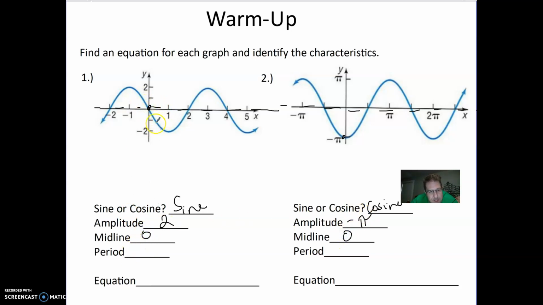The period is the distance it takes to travel one full cycle, so that's 4. Period of 4, and this one to get to here is 2 pi. All right, so the equation is always amplitude times sine of, now it says 4. Not quite sure if that's 4 degrees or 4 radians or what that's in terms of.